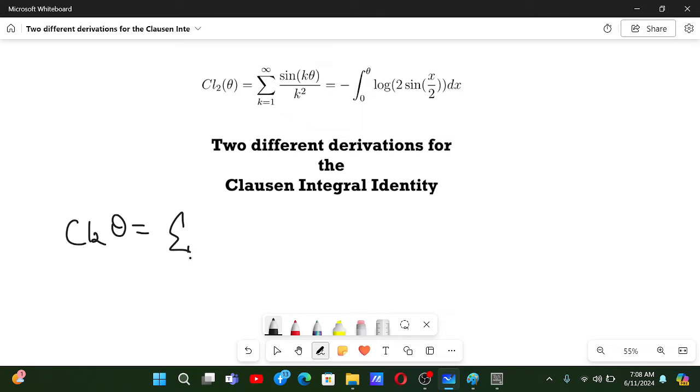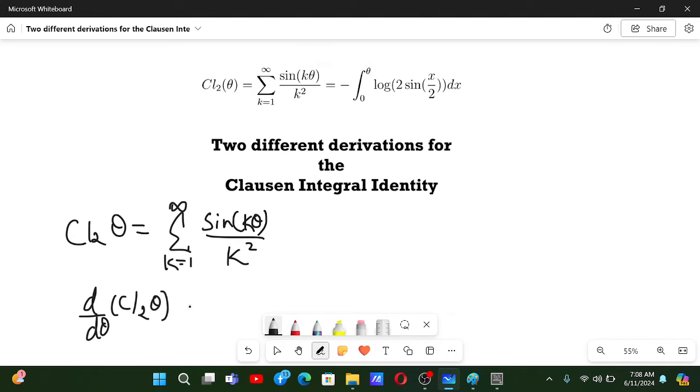the Clausen integral function is defined as this sum from k equals 1 to infinity of sin(k theta) by k square. If we differentiate this with respect to theta, we get the following sum.